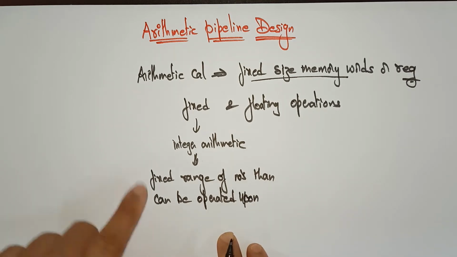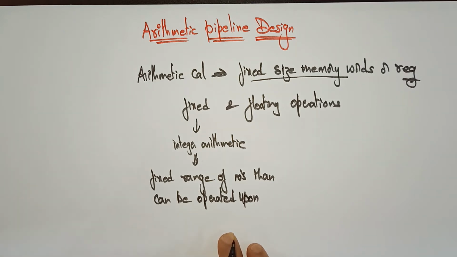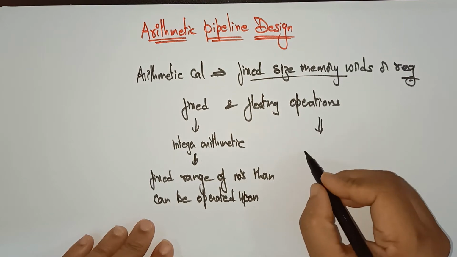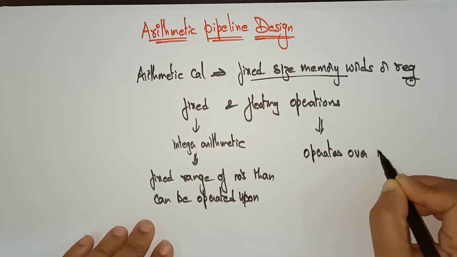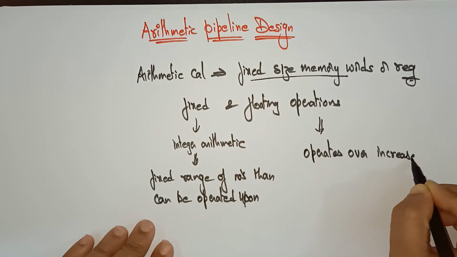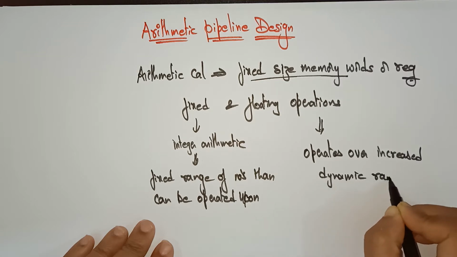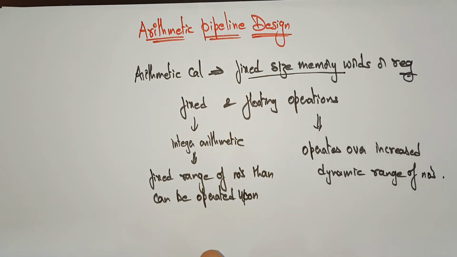So the fixed point operations offer a fixed range of numbers that can be operated upon, whereas the floating point operations operate over an increased dynamic range of numbers. What do you understand from this?